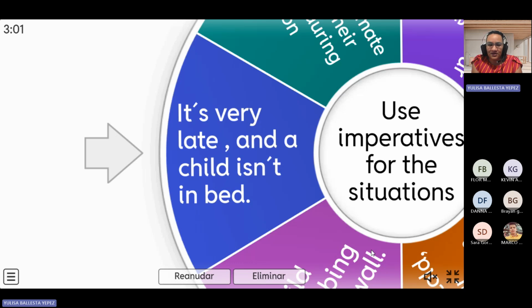Kevin is thinking. Okay. Maybe this order would be really assertive. Let's see the situation. It's very late and a child isn't in bed. Don't stay up in the night, or maybe at night. It would be better at night, okay? Don't stay up at night. Very good, Kevin.